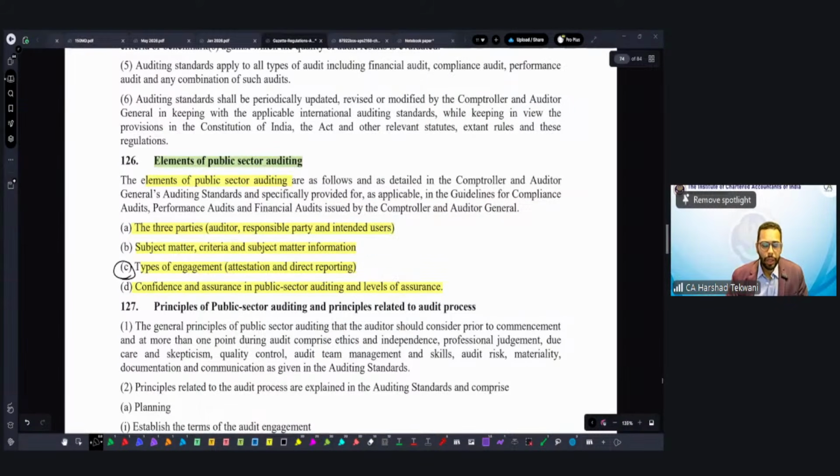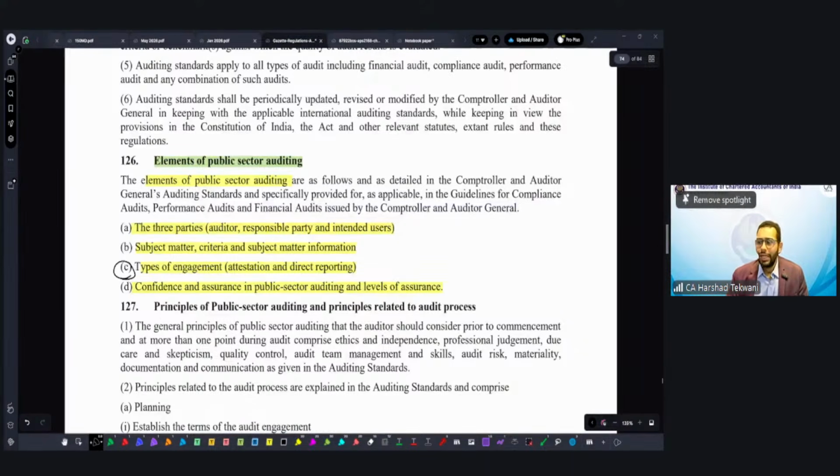Kind of, yes. Direct reporting is the kind of reporting where the relevant information is directly provided rather than doing an audit. No assurance or conclusion is given. Only the reporting is done.